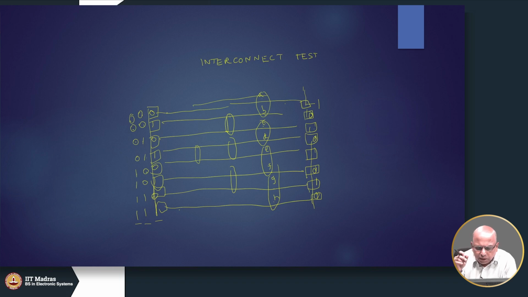And we should try and get both 0, 1 and 1, 0. So, in the first one we have managed to get 0, 1. Here we have managed to get 0, 1. Here we have managed to get 0, 1, 0, 1, 0, 1. You can invert all the patterns. You can also make these patterns.